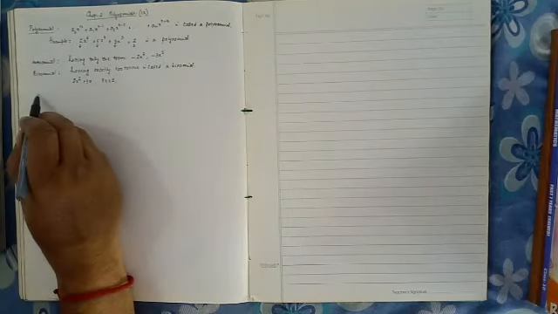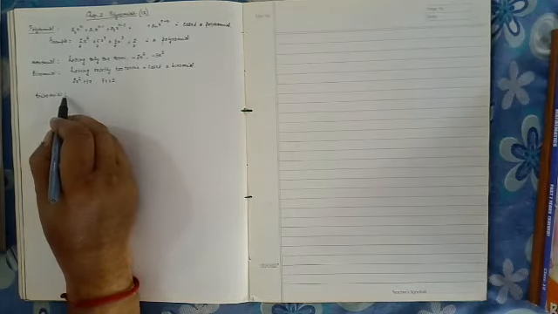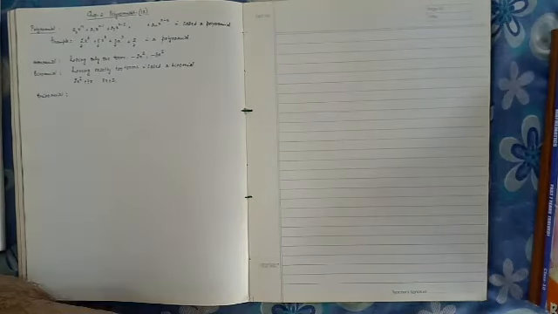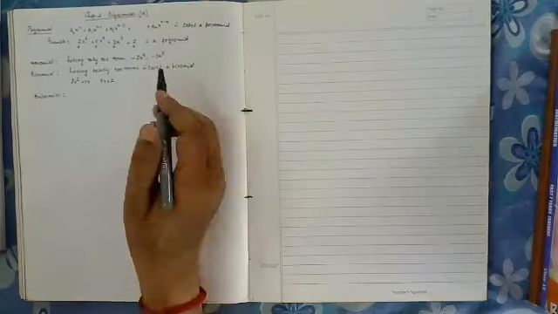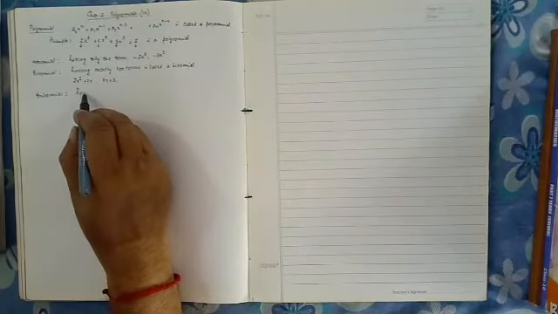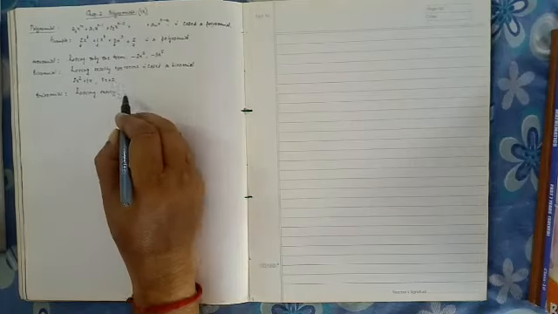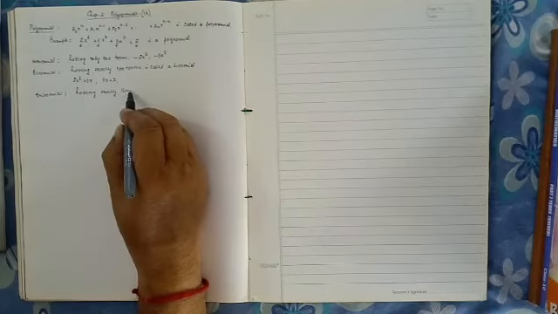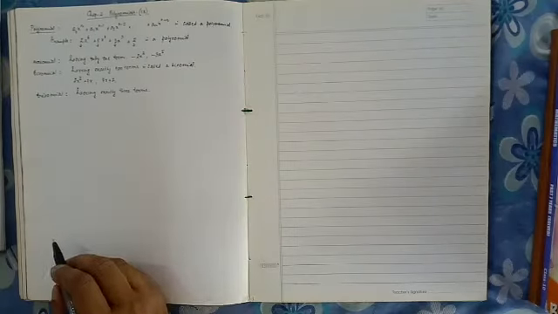Now trinomial. A polynomial having exactly three terms is called a trinomial.